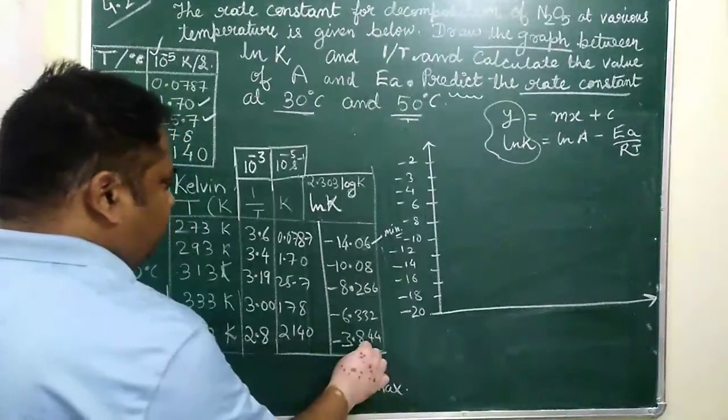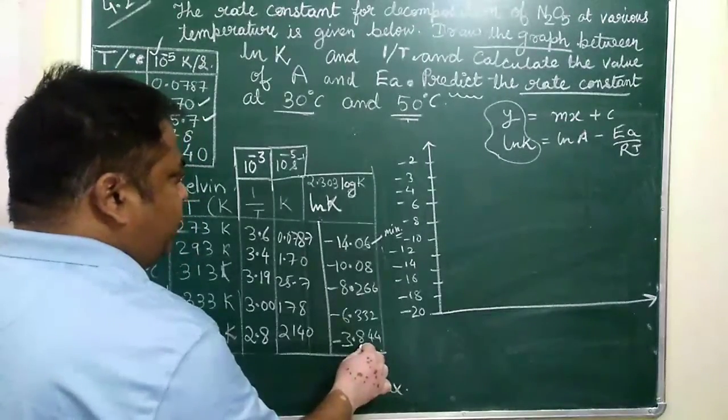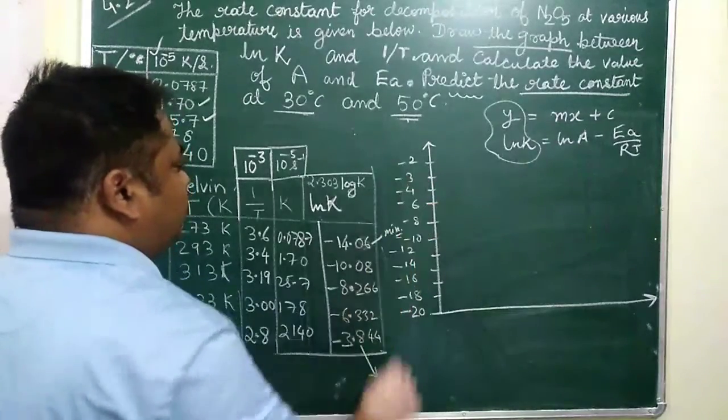So 3.8 is the maximum over here. So we can get 3.8 between minus 4 and minus 3.